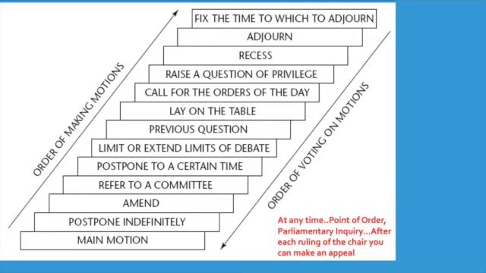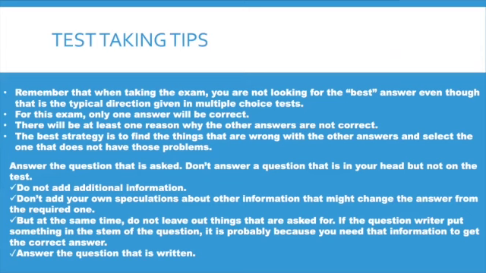Point of order happens immediately after that breach. Do not wait. In a parliamentary inquiry, you can almost interrupt at any time. You're just questioning procedure of what's happening in a meeting. So that kind of ends our study of Robert's Rules of Order in brief, 3rd edition.